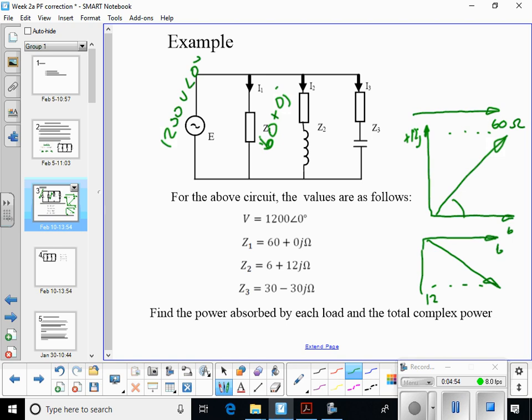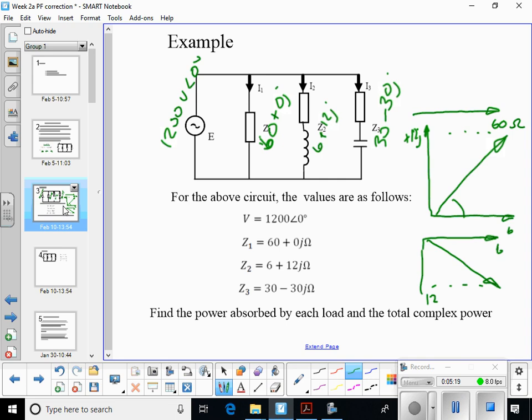Z2 is 6 plus 12J. Z3 is 30 minus 30J. Find the power absorbed by each load and the total complex power.